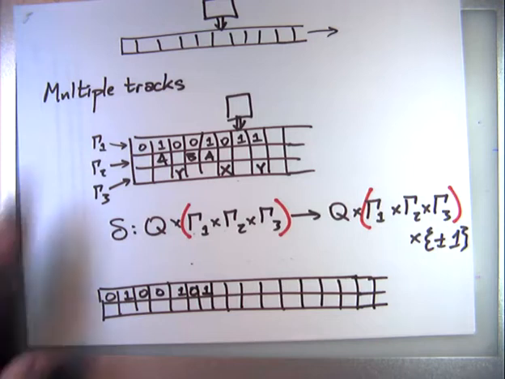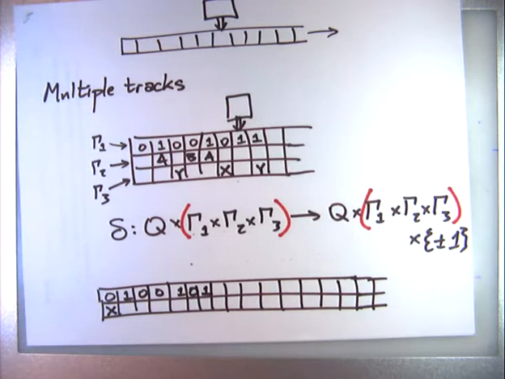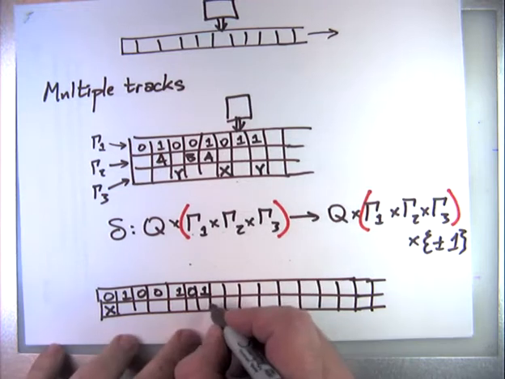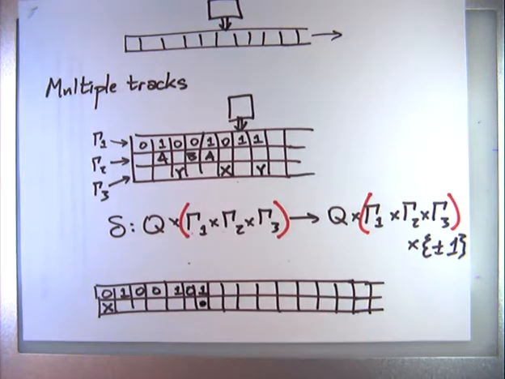So one thing I could do is mark on the second track the character that I'm currently in the business of copying. And I could also mark, just for convenience, the last character in the string. And I can do this because I start at the left end in my current state.